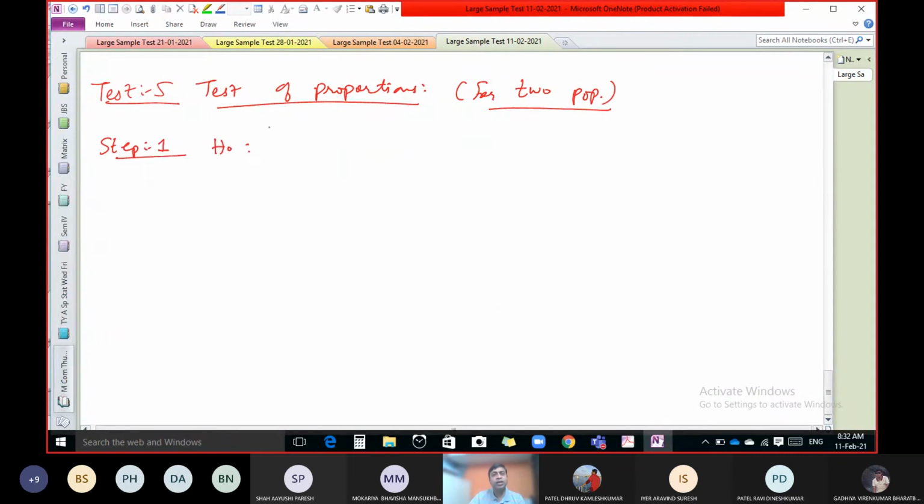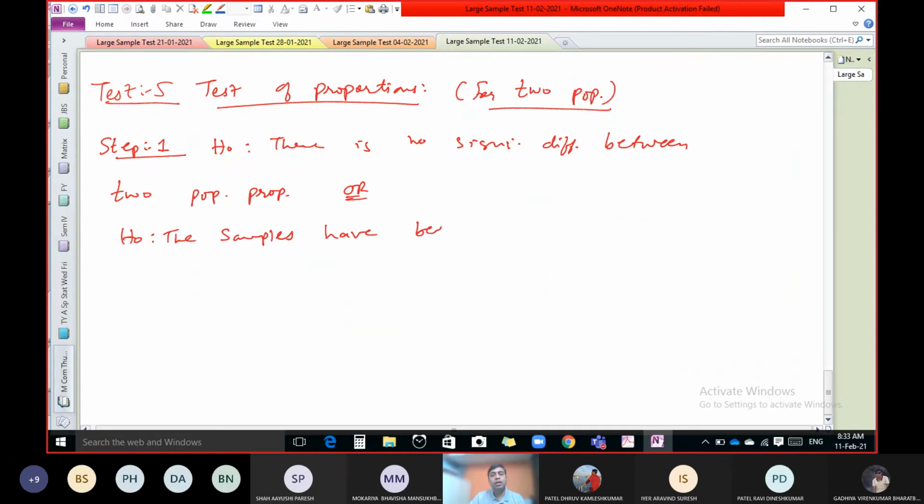Step 1, null hypothesis. What would we write here? There is no significant difference between two population proportions. Or you can write H naught: the samples have been drawn from the normal population with the same proportion.